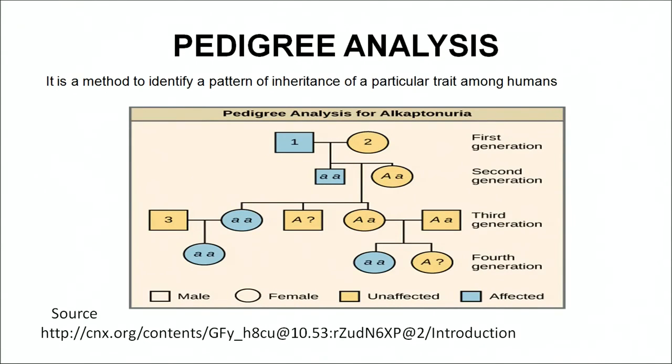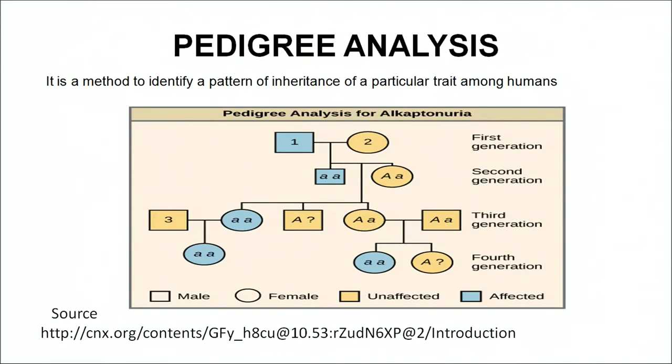So the male is affected, so we can say it is a carrier also, and the female is unaffected. When they produce progeny, the male will produce both, and we already know that alkaptonuria is a recessive disorder.